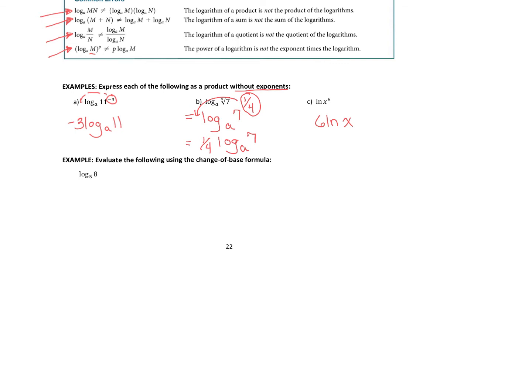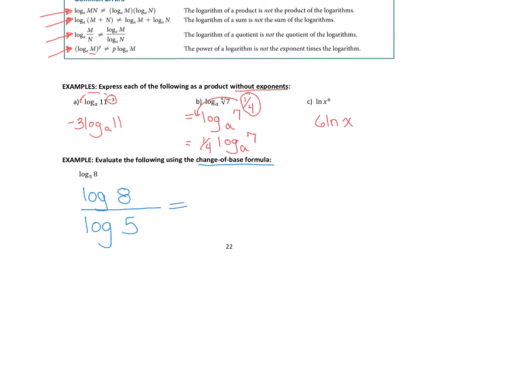Let's use the change of base formula to change this to base 10. So in this particular case, when we change it to base 10, we don't have to write the base. And we'll just do log of 8 divided by the log of 5.